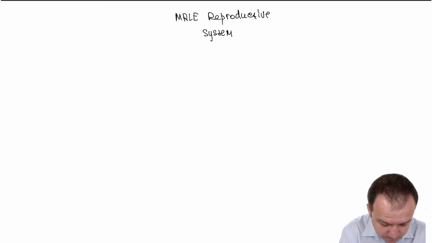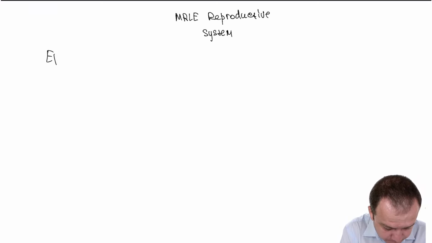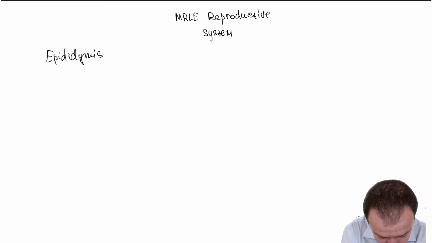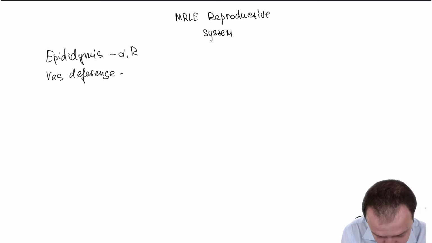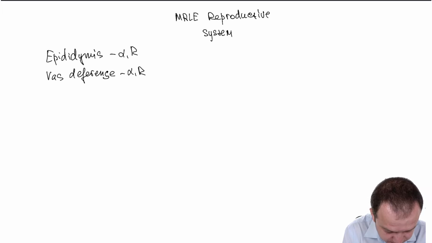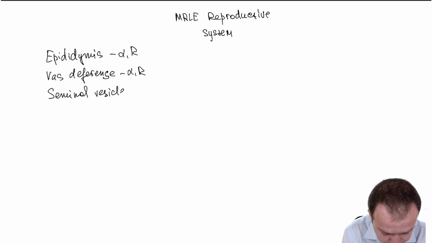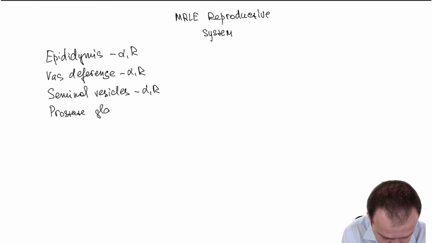Also in epididymis, vas deferens, and seminal vesicles we have alpha-1 adrenergic receptors.